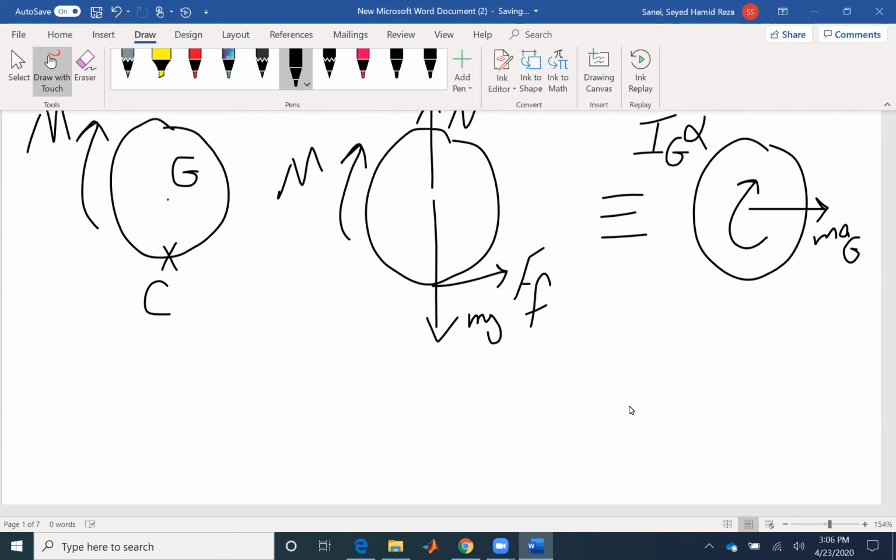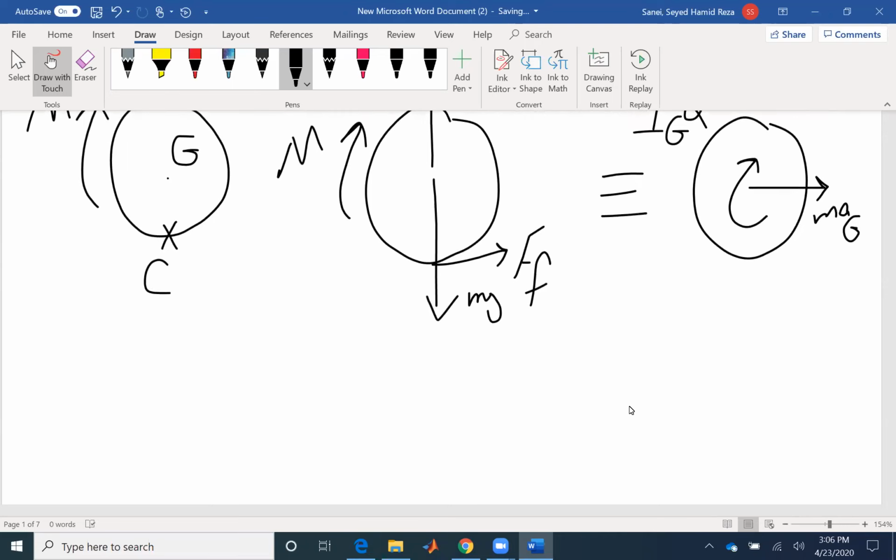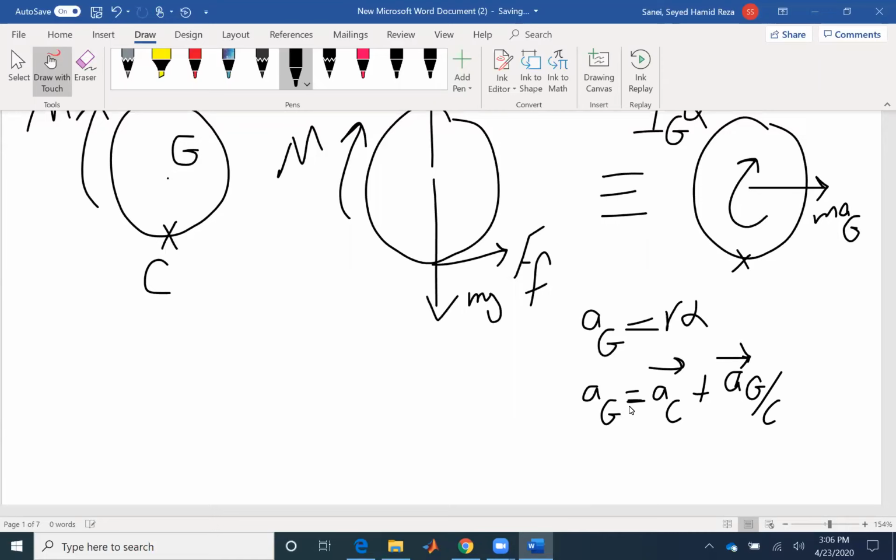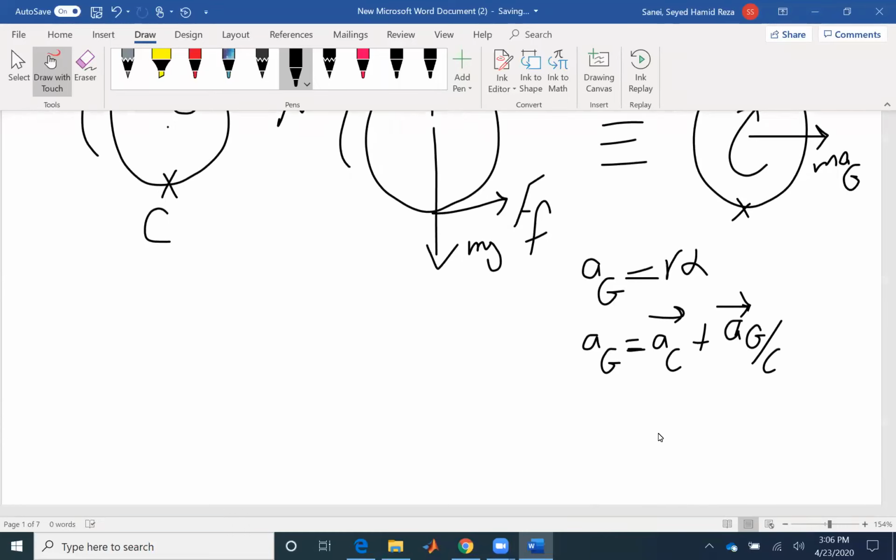So if it is pure rolling, then Ag would be R alpha. And we can get to this conclusion if we write our relative acceleration equation, AC plus Ag with respect to C. What is acceleration at this point? Remember, it's not zero. We are not talking about velocity. We are talking about acceleration. Acceleration has 2 components.